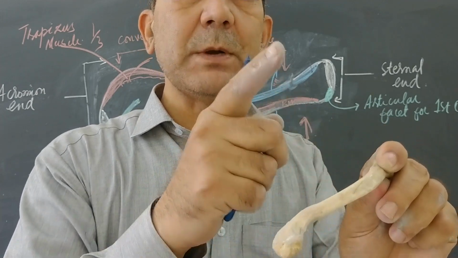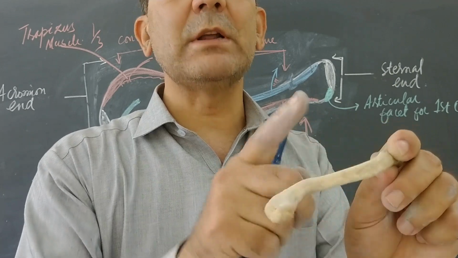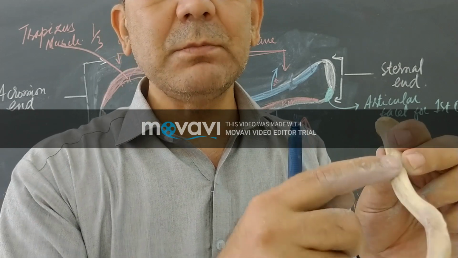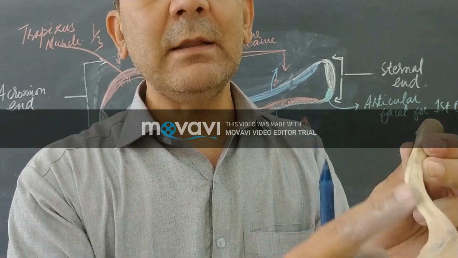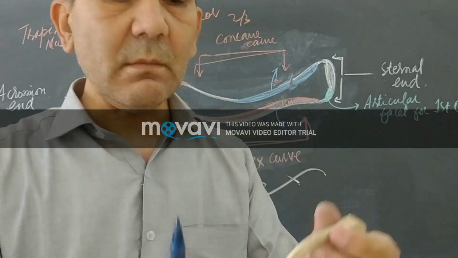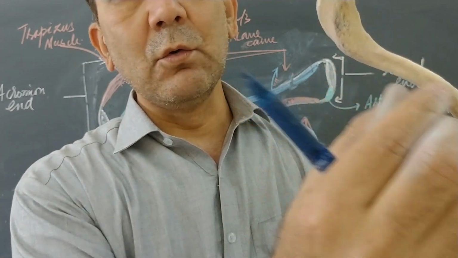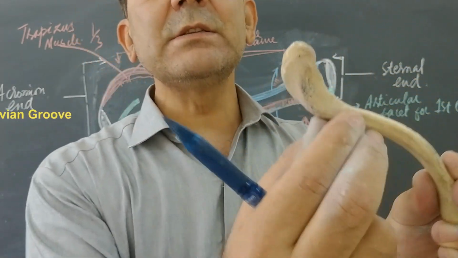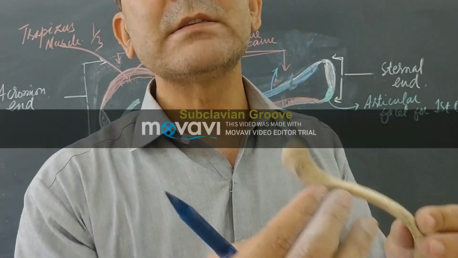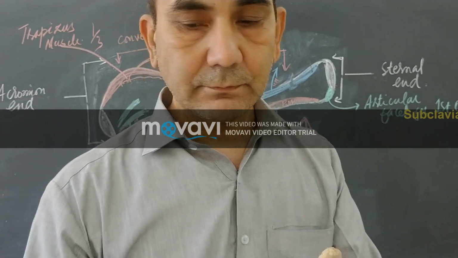The surface between the posterior border and the inferior border is called the inferior surface. If you see in the inferior surface, there is a groove or sulcus here, and this groove is called the subclavian groove. The subclavius muscle is attached over here.